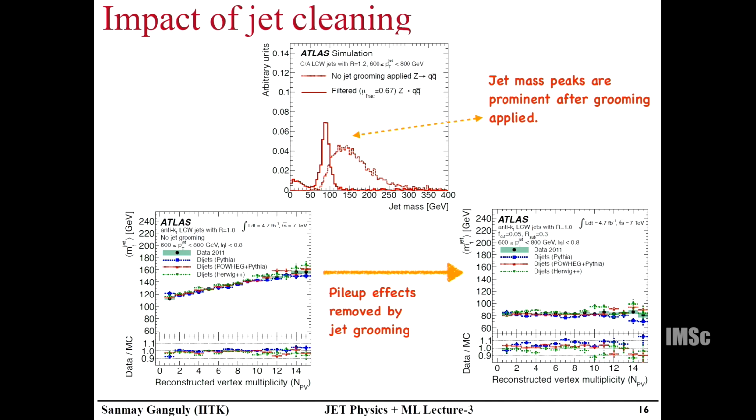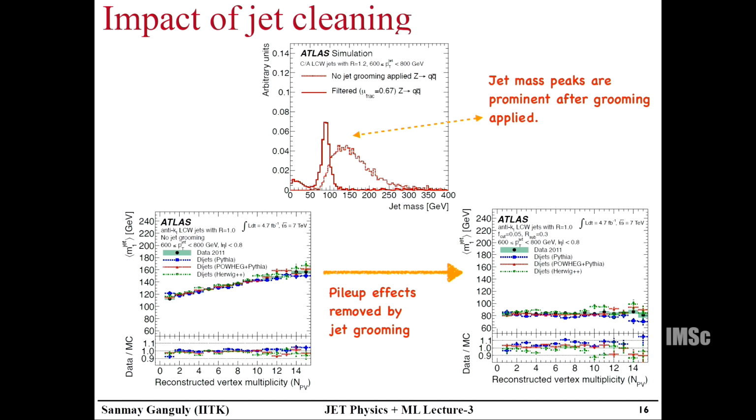This is a demonstration where one had an R equal to 1.2 jet, and applied some filtering, etc. This is on a simulation of boosted Z going to QQ bar, and you can see how much is the improvement on the mass resolution. The dashed ones are before any grooming was applied, the solid one is after the grooming was applied, and you can see the peak around the Z mass, 90 GeV, became so much more prominent.